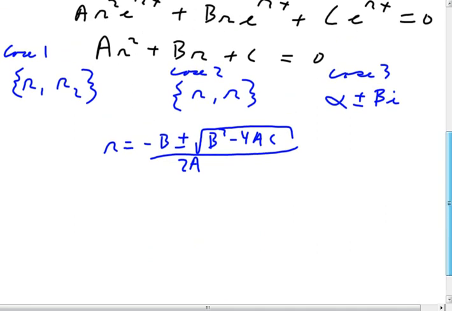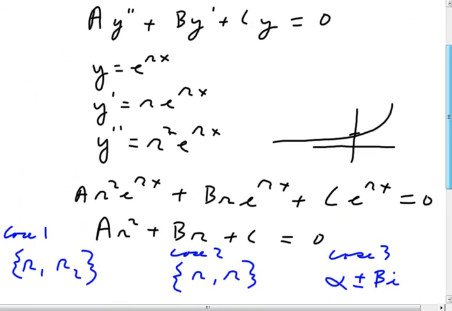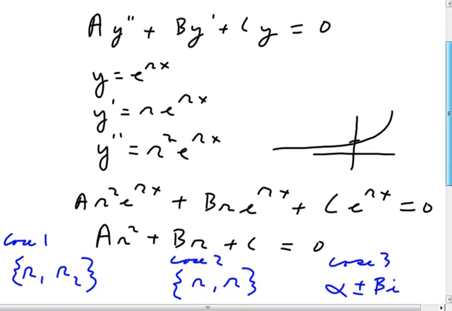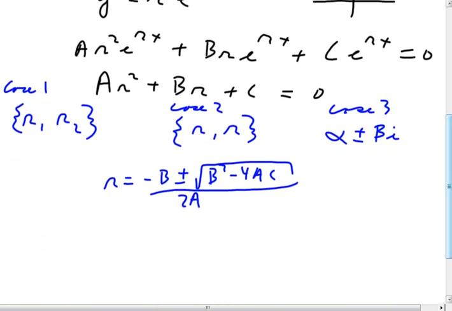All right, so if I have an equation like this, I don't necessarily have to know what it is, but it is going to end up having a characteristic equation. I'm going to keep my coefficients that are numbers.